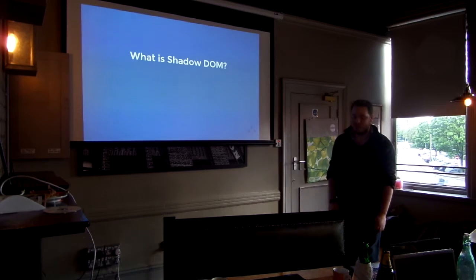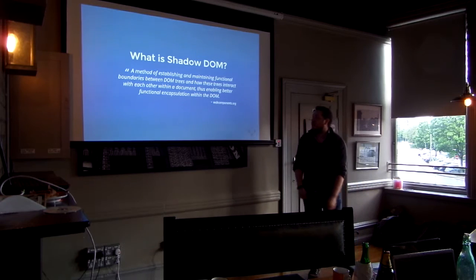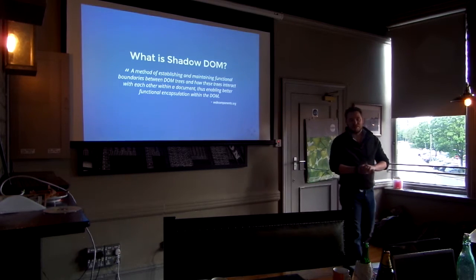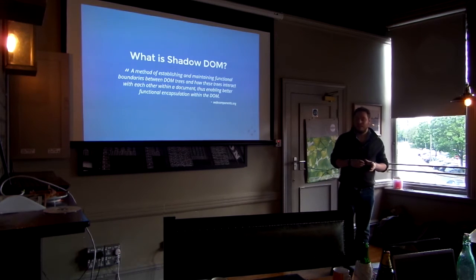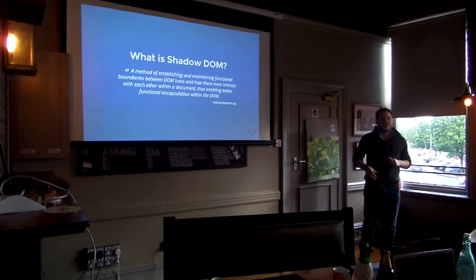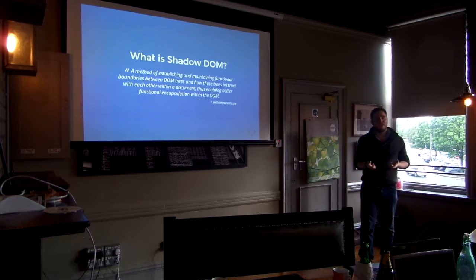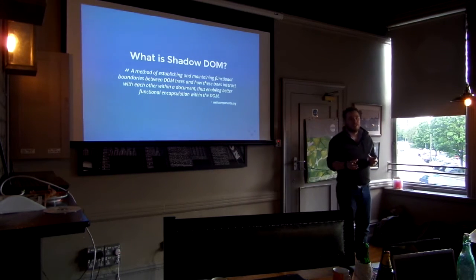So what is the Shadow DOM? I'm going to nick a bit from the web components slide. It's a method for establishing and maintaining functional boundaries between DOM trees. That's quite a mouthful. I prefer to think of it like a two-way mirror. You've got code inside of there that you can see, the browser can see it, but it can't touch it, it cannot impact on it.